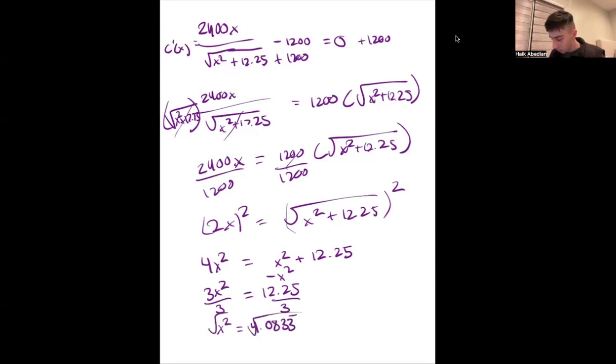Then we take the square root of both sides. The square root of 4.0833 is 2.02071, so we can just call it 2.021. So that is our x.